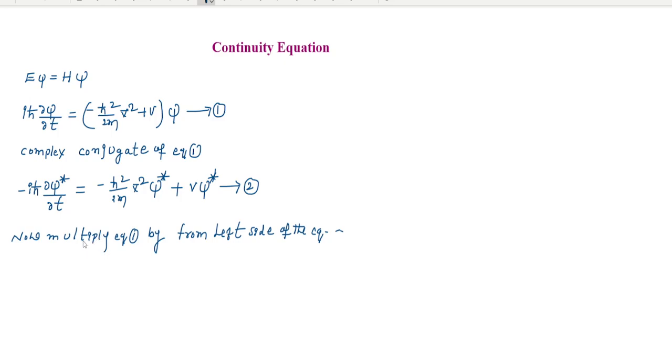I have seen many of my students unable to do this multiplication process, which is why I've written it here step by step. If I just say multiply this equation, they don't know which side they want to multiply, the right side or the left. If you want to know these basics, please go and watch all the mathematical tools of quantum mechanics.